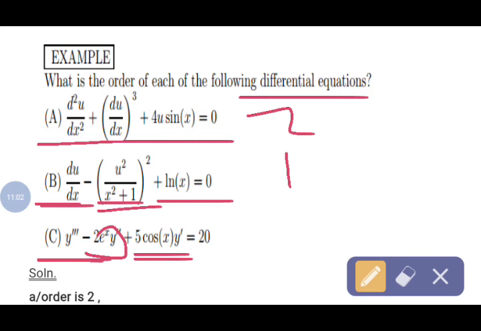Therefore, compare the highest order which exists in those terms. For the first term 3, for the second term 2, and for the third term 1. Comparing 3 to 1, 3 is the highest. Therefore, the order of this differential equation is going to be 3.